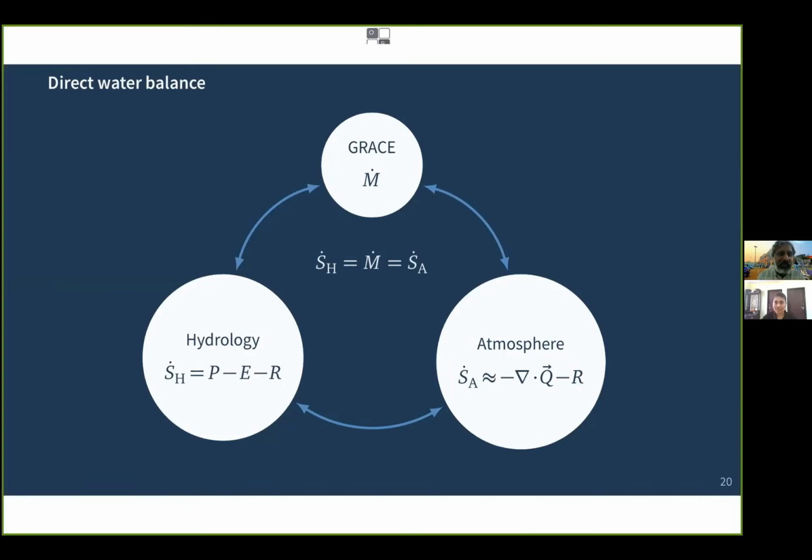This storage keeps changing, and it's a lot of water. When you change mass, you change gravity, so obviously your satellite will see it. Then you can try to understand what is happening to this hydrological cycle, and we measure these individual components separately.